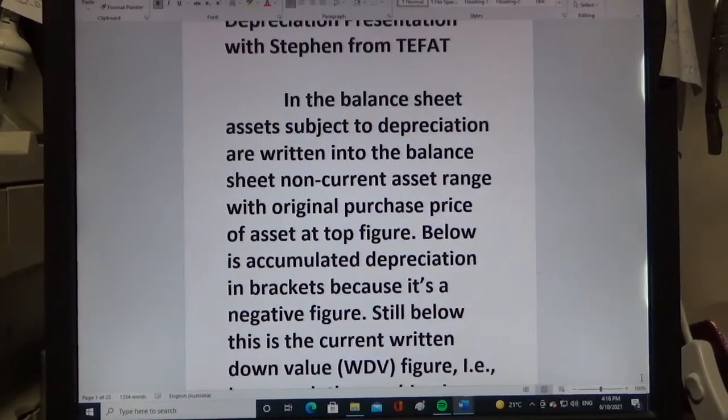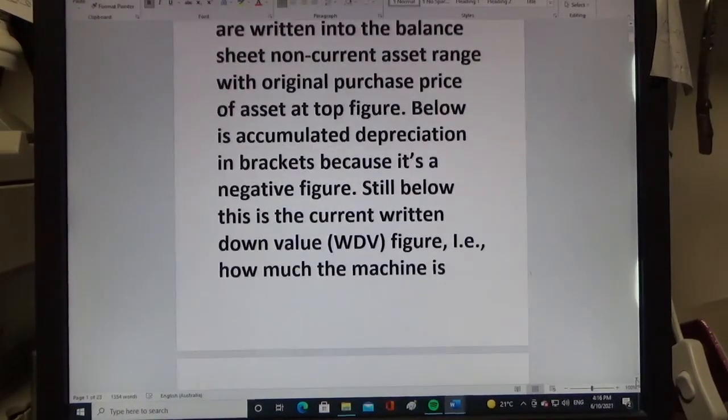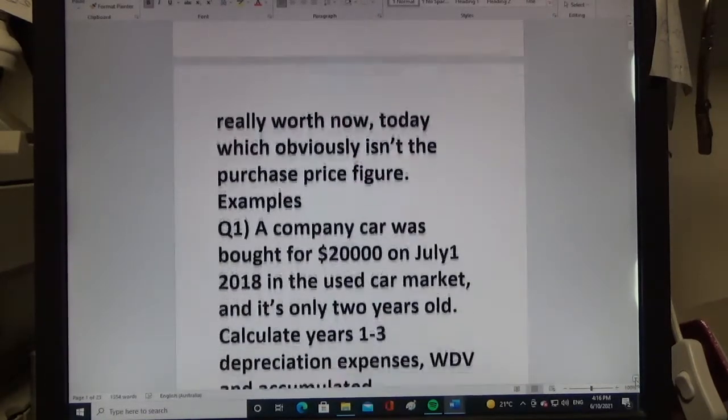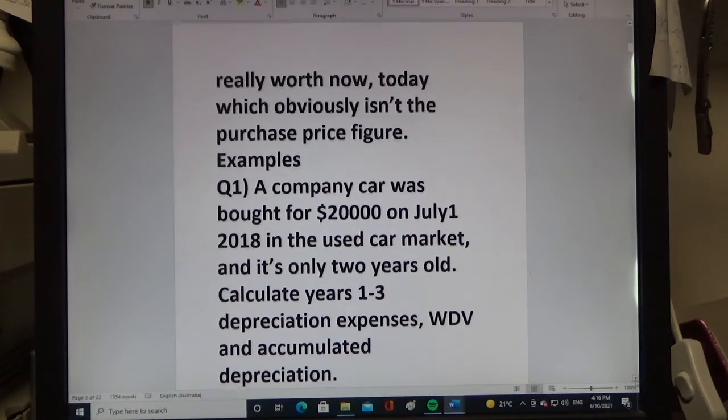Okay, so we've defined total accumulated depreciation, and we've given an excerpt from the balance sheet, which is original purchase price minus total accumulated depreciation is the current written down value of the asset on the balance sheet for that year.